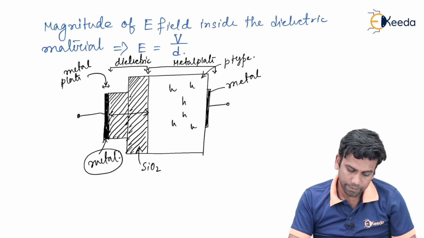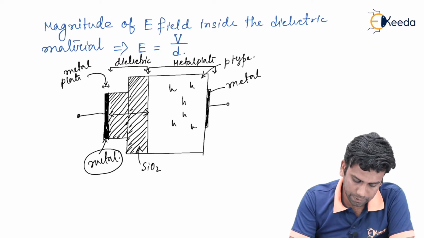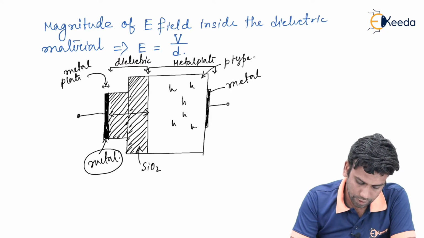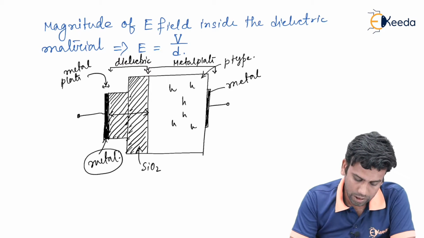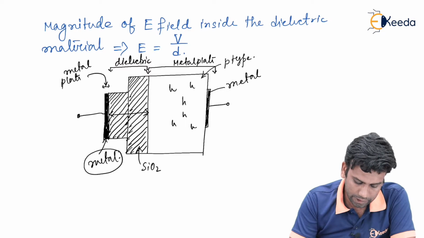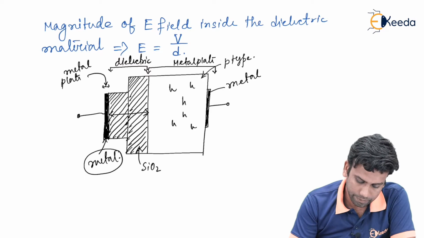In this way, this structure of p-type substrate along with the silicon dioxide can serve as a parallel plate capacitor. So let us see how the parallel plate capacitor operation comes into place inside this p-type substrate MOS capacitor.